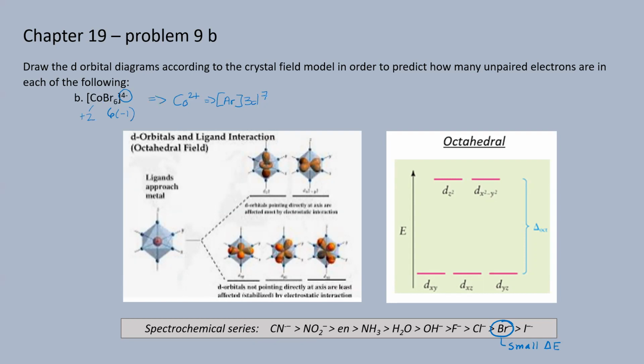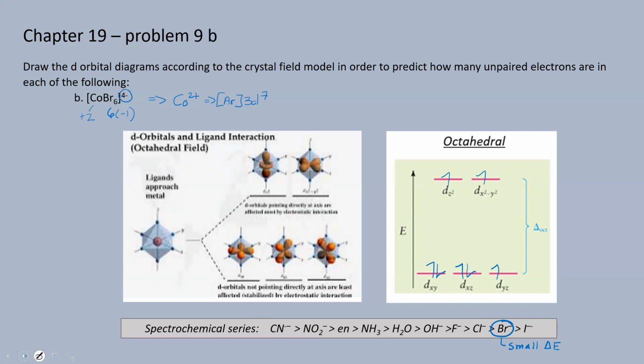So if we use the high orbitals, we're going to go 1, 2, 3, 4, 5, 6, 7. That results in 3 unpaired electrons. If this was low spin, we would completely fill the bottom before we attempted to put any electrons in the top.